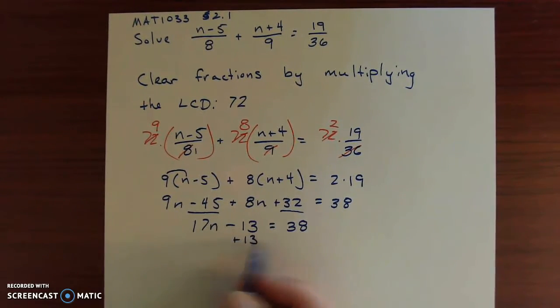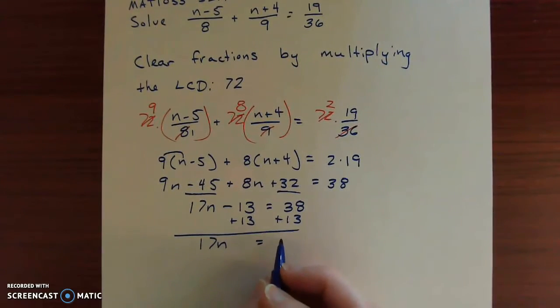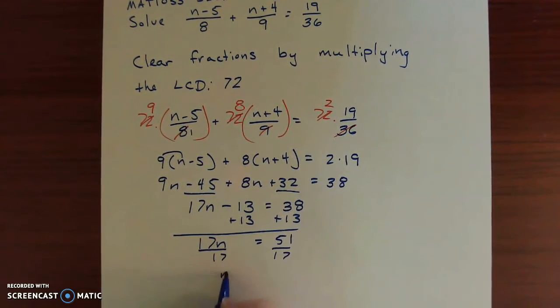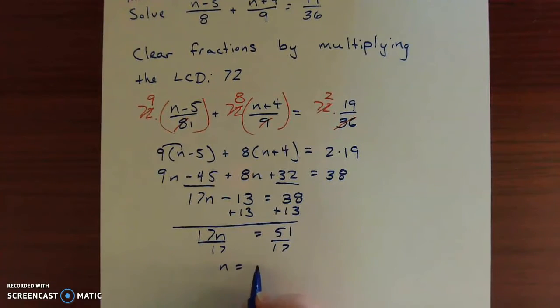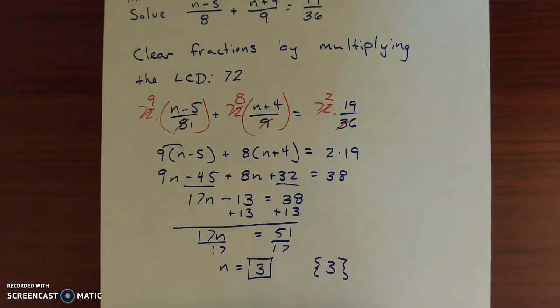Go ahead and add 13 to both sides, giving us 17n equals 51. And then we can wrap it up by dividing both sides by 17. 51 divided by 17 gives us exactly 3. So that is our solution, and in set notation, our solution set would be {3}.